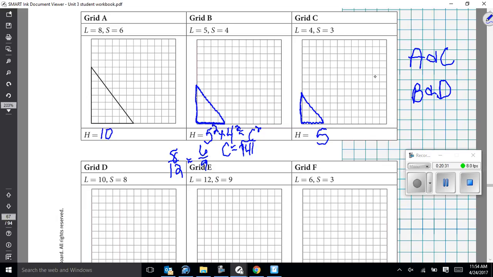So A and E, it sure is. And C and E. Any other ones? We said E and F, no. D and F. If you set up 10 over 6, is that the same as 8 over 3?